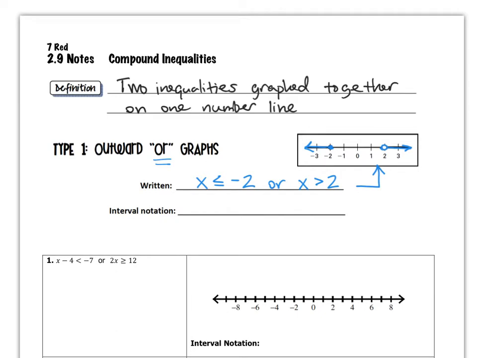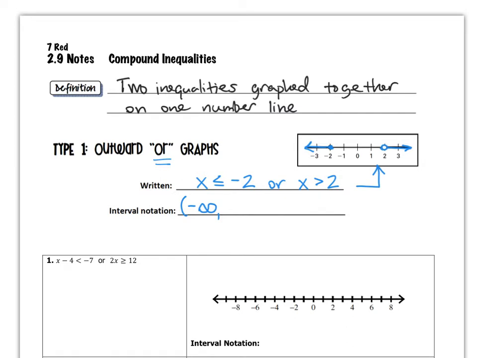We can also write the solution to this inequality using interval notation. To do this, we just write the interval notation for each inequality separately. So x is less than or equal to -2, that interval notation would look like this. Since there is no minimum value, we would start with -infinity and an open parenthesis.